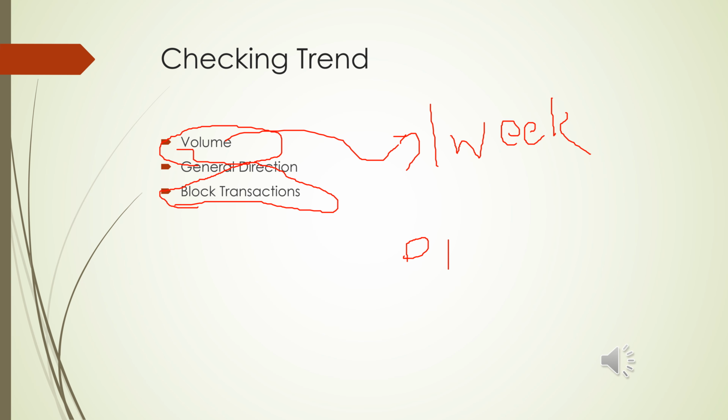So a general trend is whatever the trend was before this report comes. So something should be happening, right? It may be either a trending market that is going up or down, or it may be a sideways market. So we have to know what was happening before the report arrives.